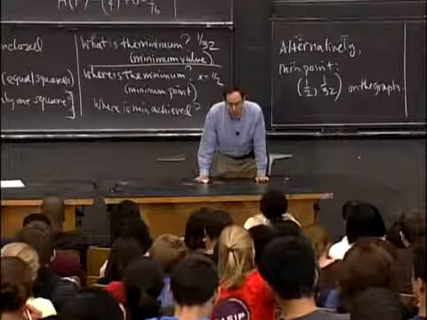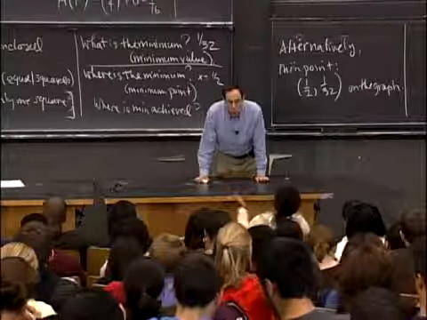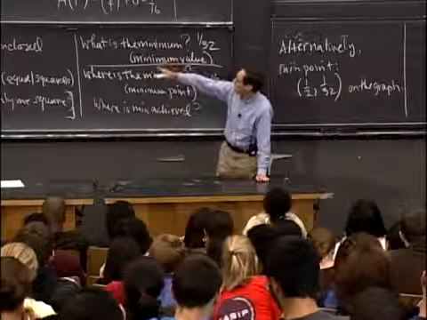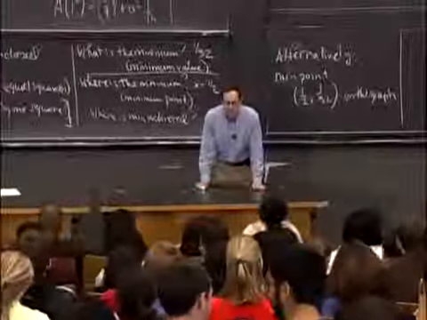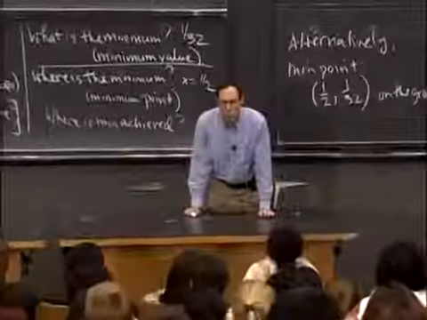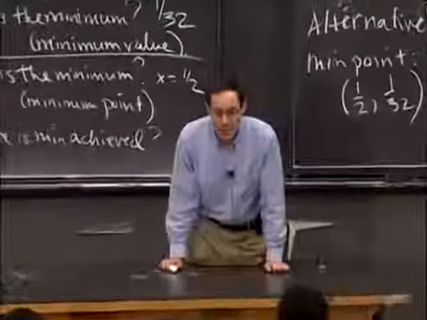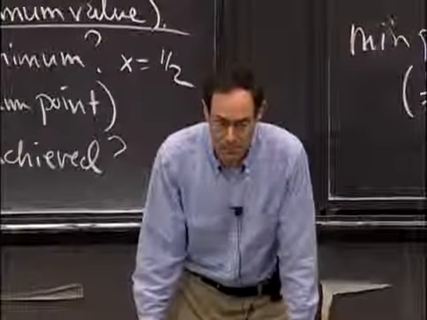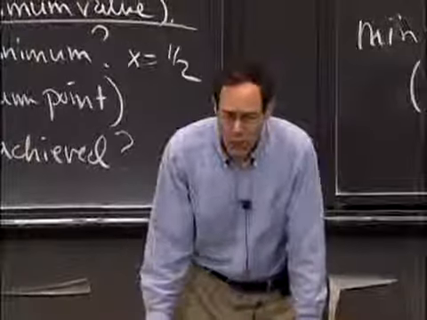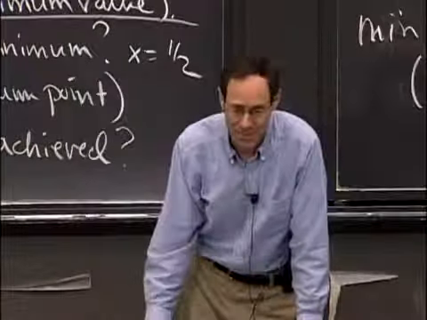The question is, since the question was what was the largest area, why did we find the least area? The reason is that when we go about our procedure of looking for the least or the most, we'll automatically find both, because we don't know which one is which until we compare values.